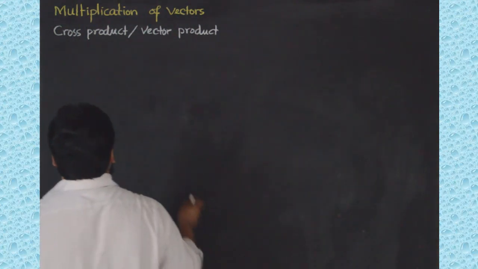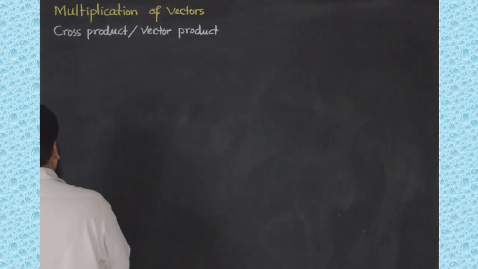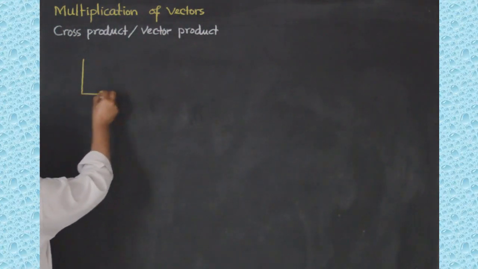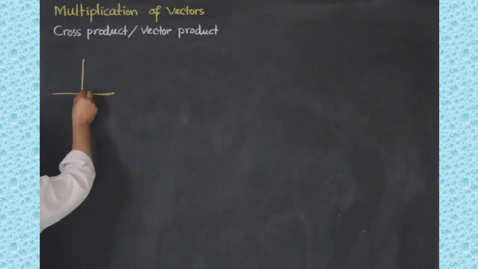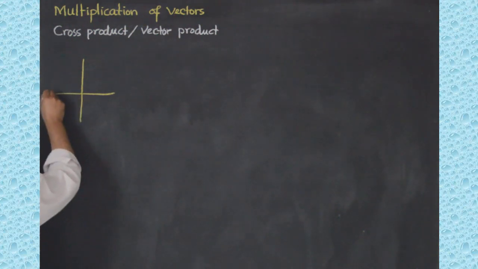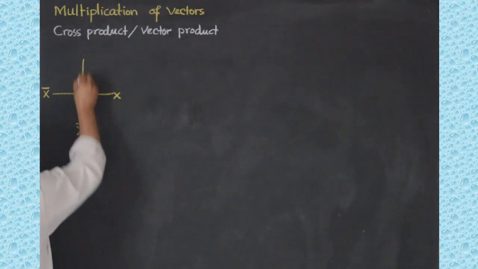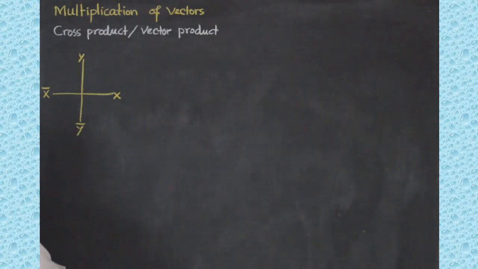For example, let's say we have a two-dimensional coordinate system, and this is negative x, this is positive x, negative y, and positive y.